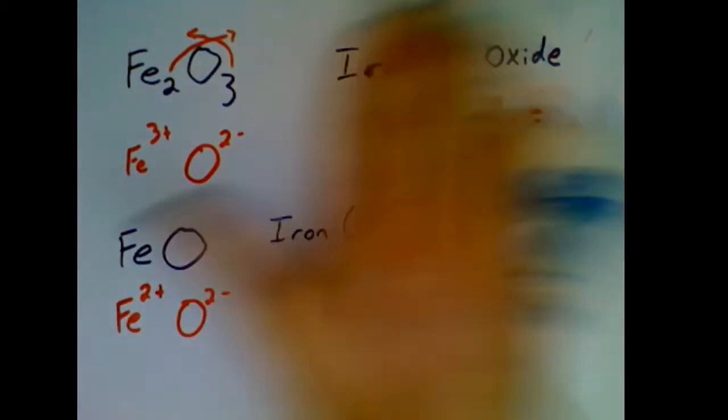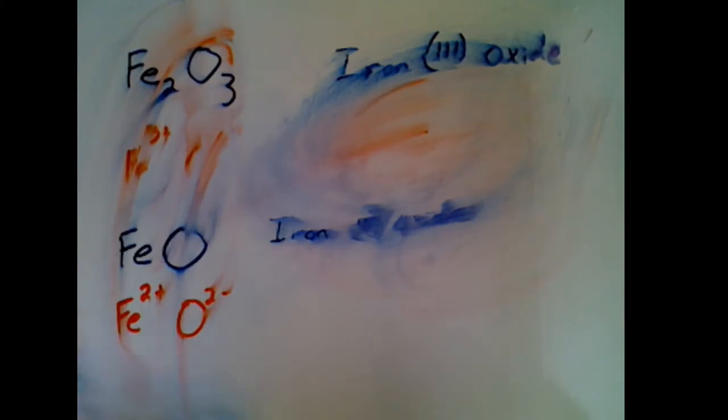So let me just erase really quick here. It's going to be a real mess for a moment. Okay, so what we're going to do is take a look at an example that has just our name, and then we're going to turn it into the actual formula.